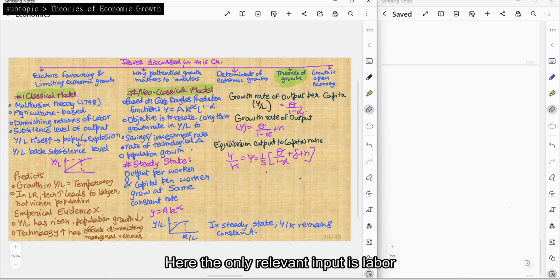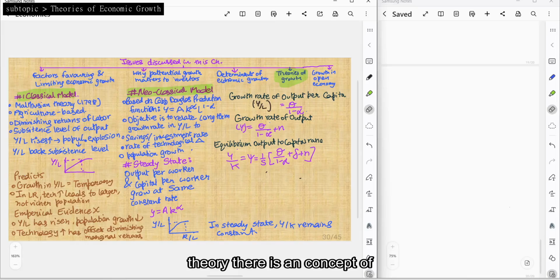Here, the only relevant input is labor, and we do have diminishing returns with respect to labor. As we add labor, initially the output will go up, but if we keep on adding labor, the output will increase at a diminishing rate.